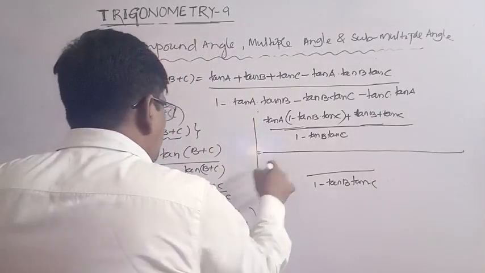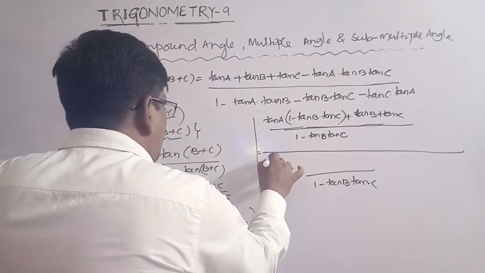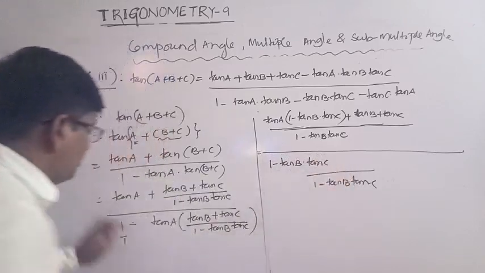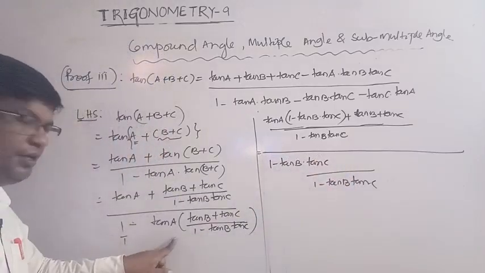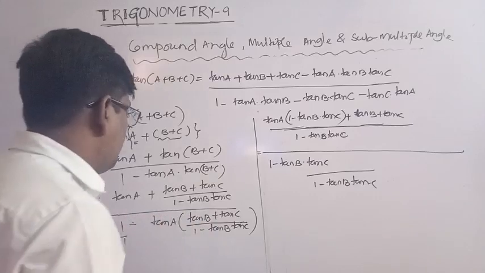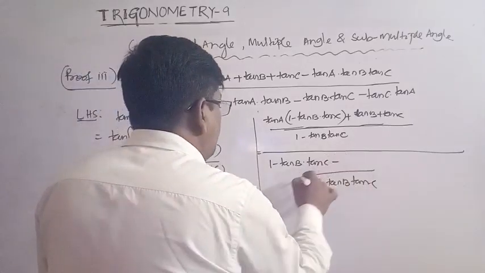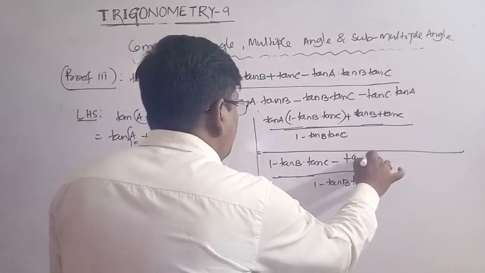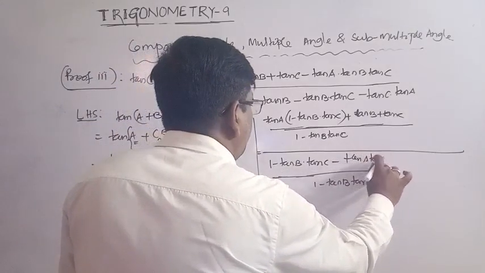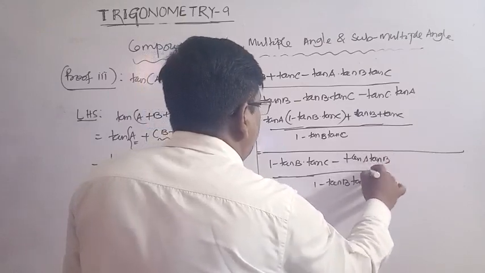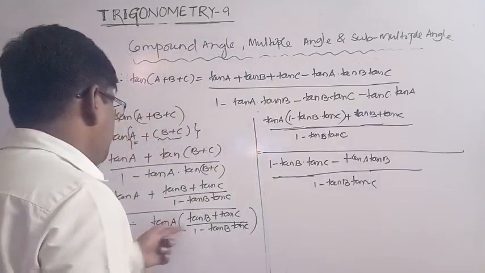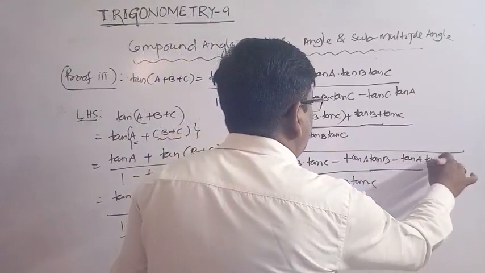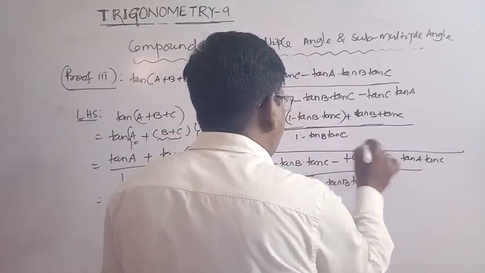So 1 into tan A, tan B into tan C. So minus (1 minus tan B into tan C) and multiply this, minus tan A into tan B, minus tan A into tan B into tan B, minus tan A into tan C, minus tan A into tan C. This is A.